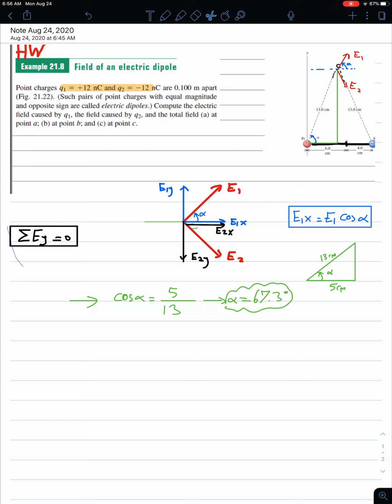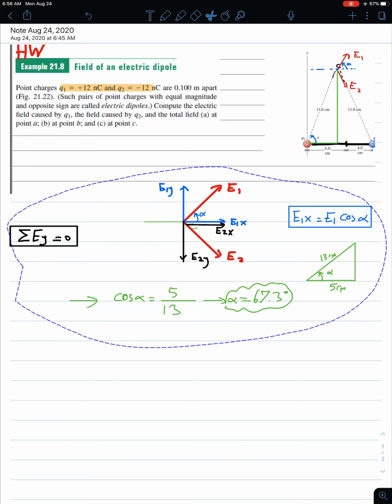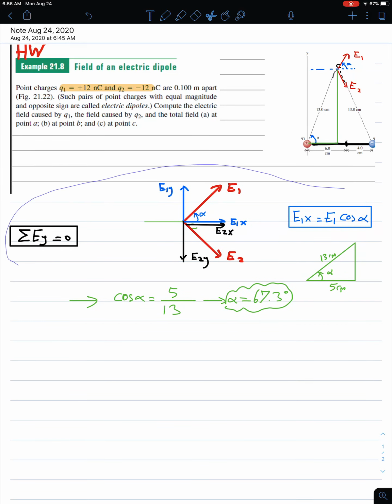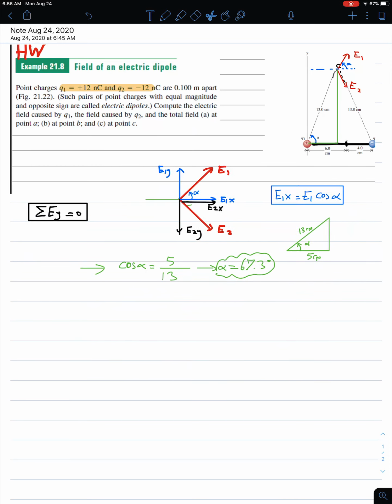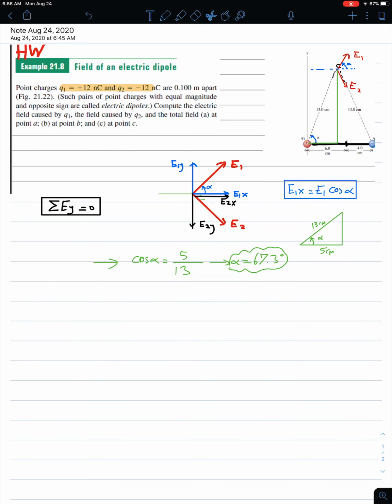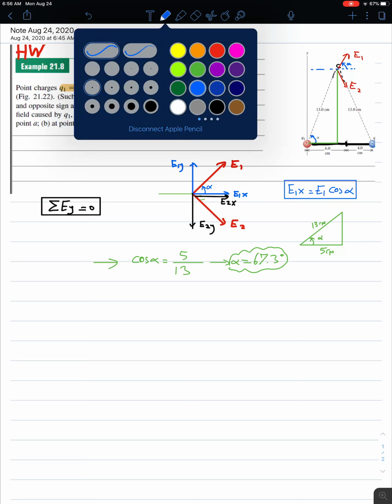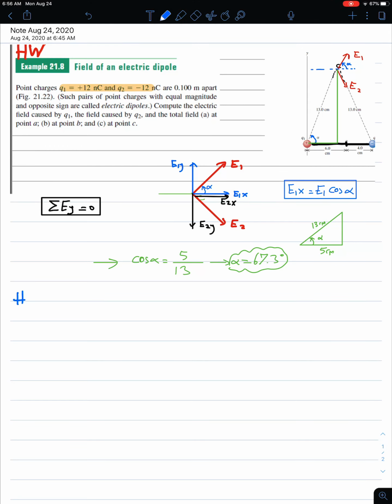So we got this information, we have the angle. Now I want to compute the electric field along the x-axis. E1x is equal to E1 cosine alpha, and E1 is equal to k Q1 over the distance squared.